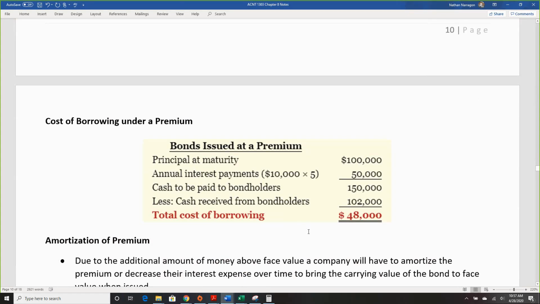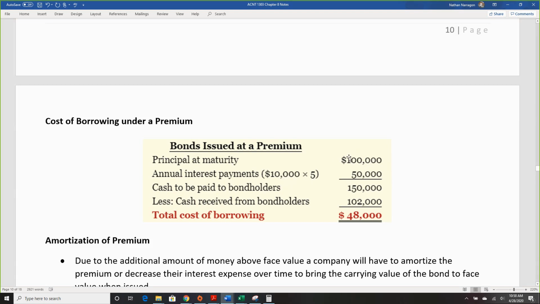So, when we look at the cost of borrowing and we got a premium, there's also an equal factor. Since it's the same bond, this information is the same, but the 100,000, again, interest is 10,000 a year times 5 and gives us 50,000.